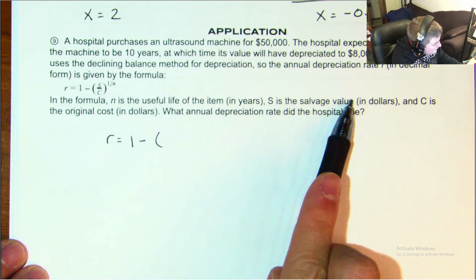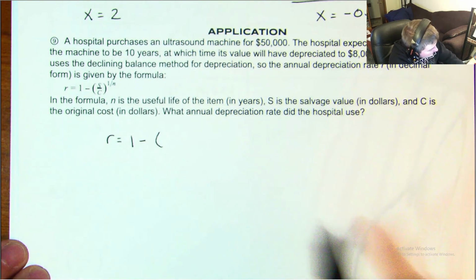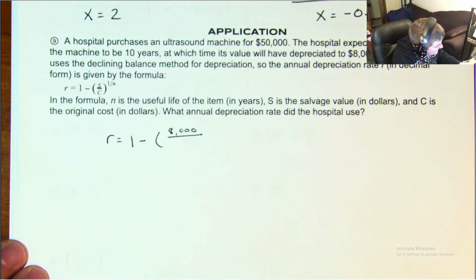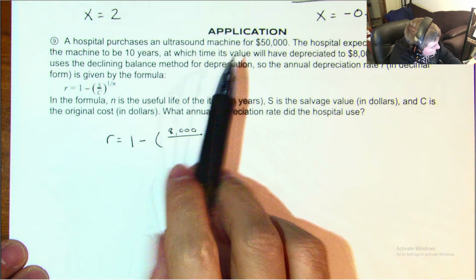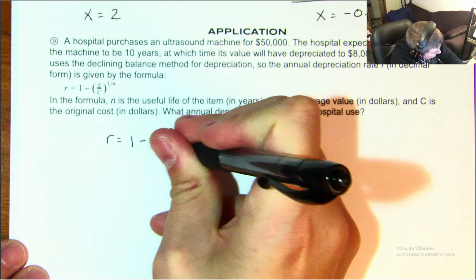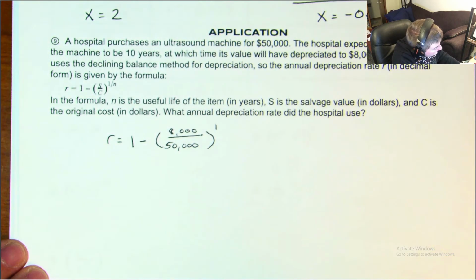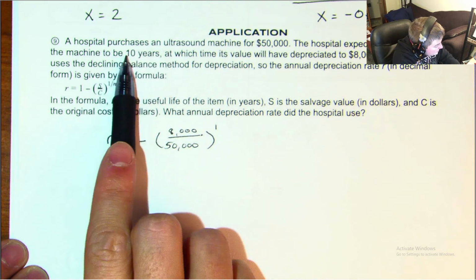S is the salvage value. How much did they salvage it for? About $8,000, over C, which is the original cost, about $50,000. That's being raised to the 1 divided by N, which is the useful life in years, which was 10 years.